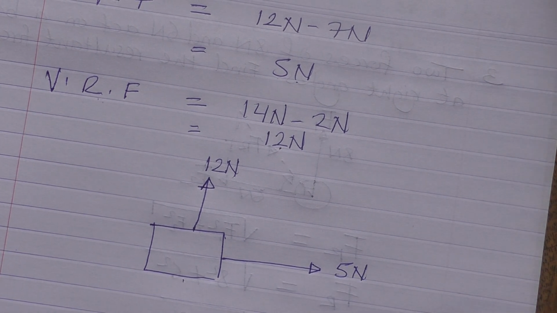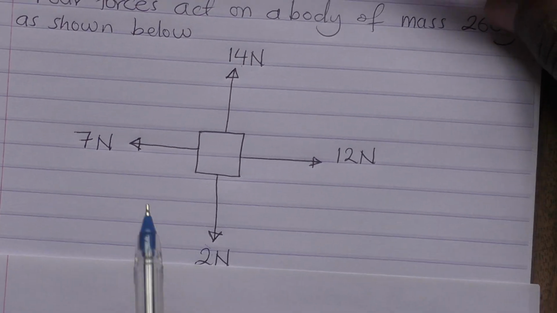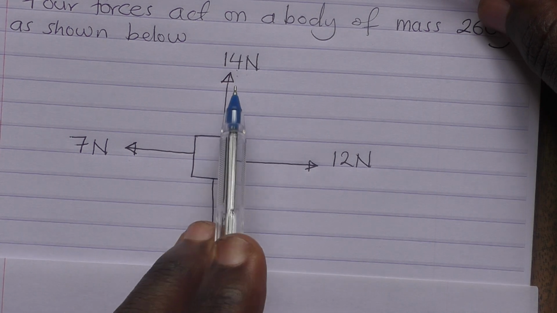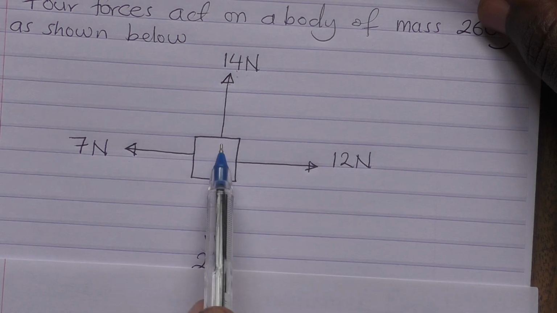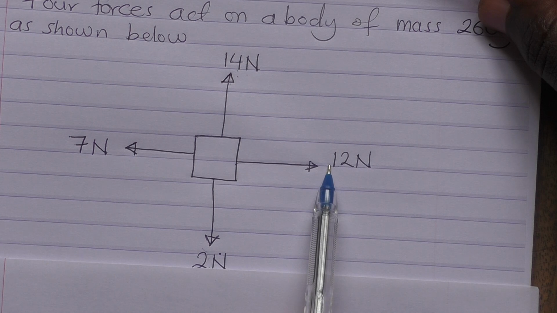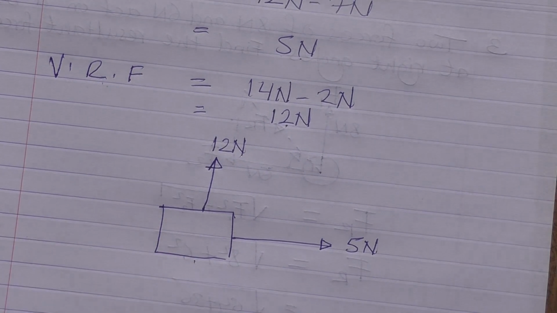Remember, I told you that we shall take bigger minus smaller, but the resultant is in the direction of the bigger. The same applies to this, meaning that the resultant will be upward, the resultant will be on our right. So that is how we do it.